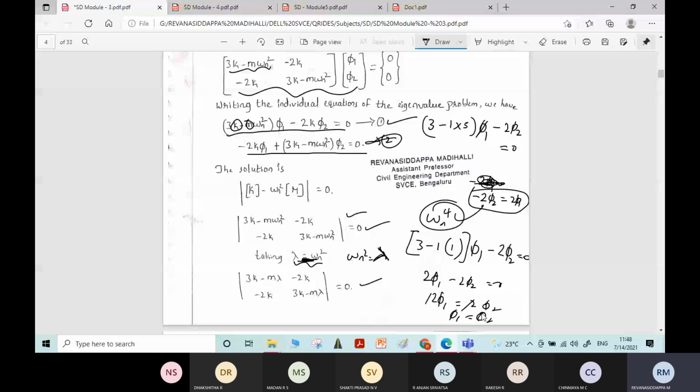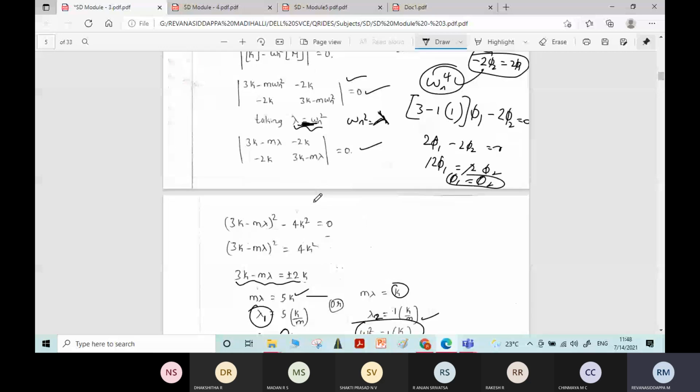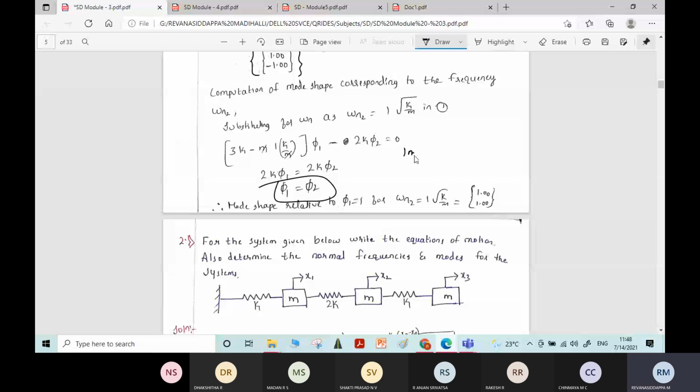Here you can see, when you substitute omega n2 square equal to 1 into k by m, you get pi 1 equal to pi 2. Which means if you assume the deflection of mass 1 as unit deflection of 1 mm, the deflection of mass 2 will be 1 mm only. If you assume pi 1 is equal to 1, pi 2 also becomes 1.